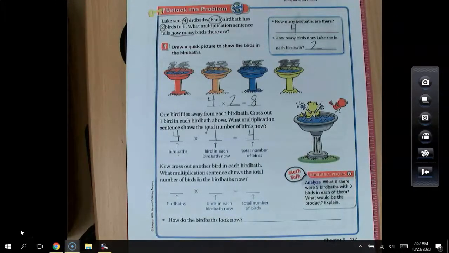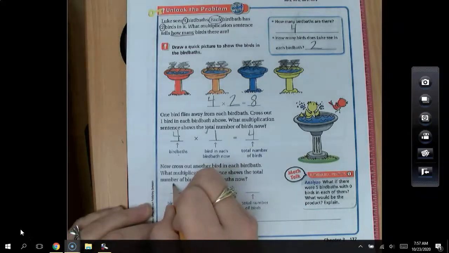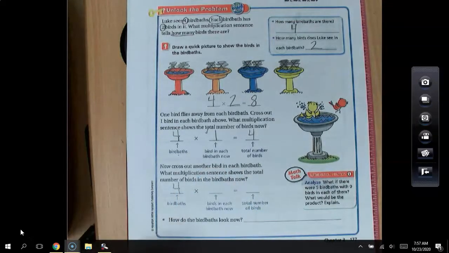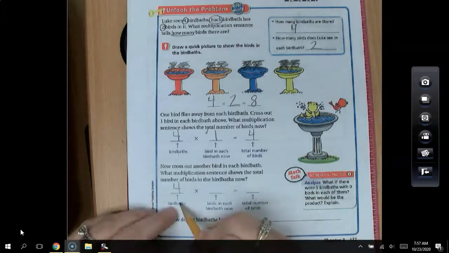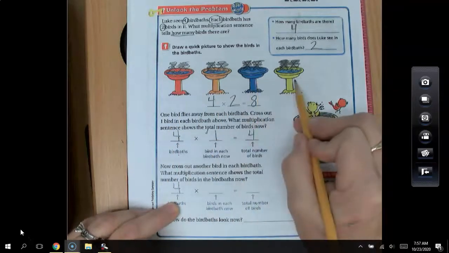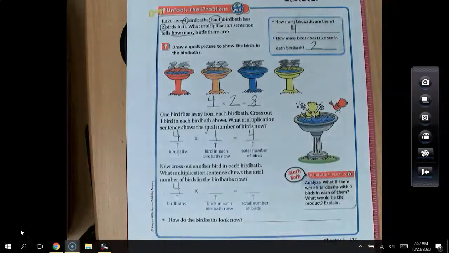Okay, how many bird baths do I have? Correct. I still have the same number of bird baths. I did not get rid of any bird baths. That has still remained the same. 1, 2, 3, 4. But now how many birds do I have in each bird bath?